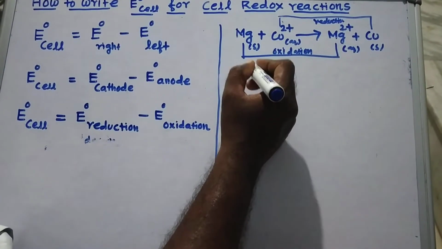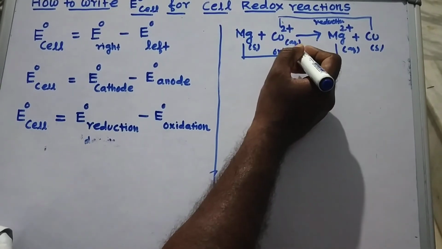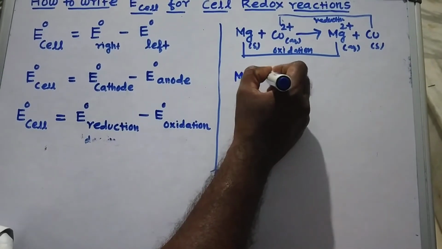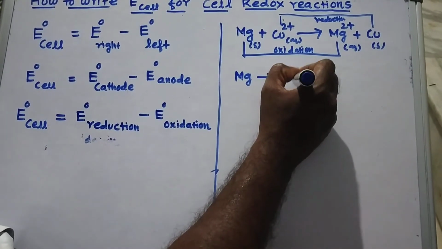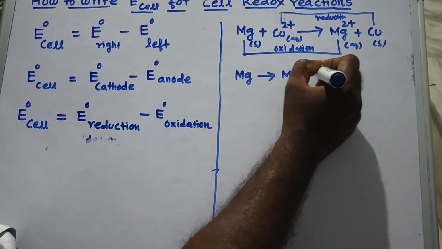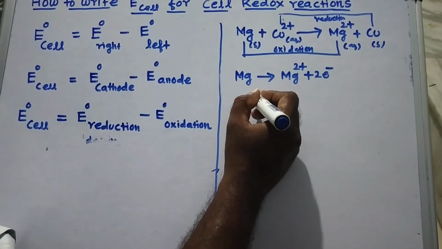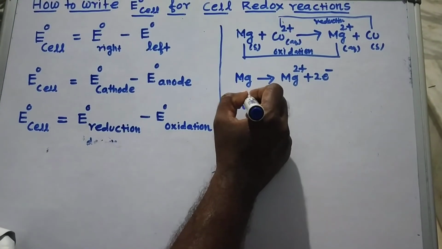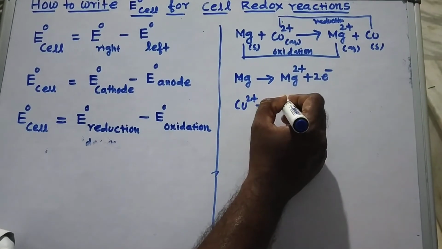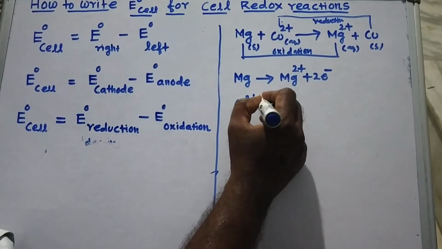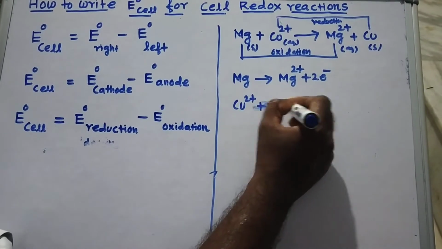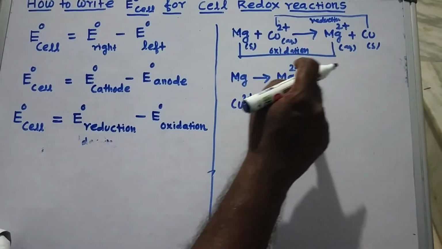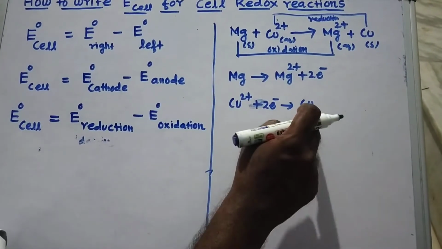Now we are going to split the equation into individual components. It means Mg becomes Mg2 plus by loss of 2 electrons due to oxidation. Similarly, Cu2 plus takes 2 electrons and becomes Cu. In the first case, oxidation takes place. In the second case, reduction takes place.